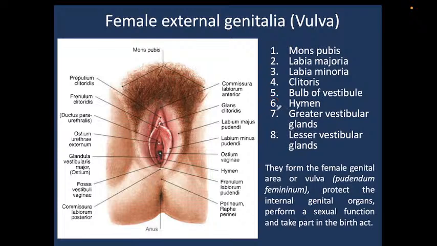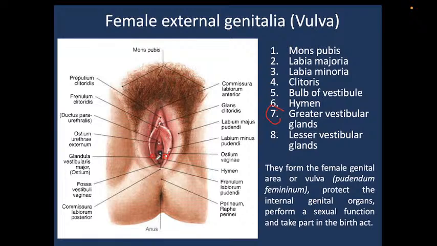Two types of glands are located in the external area. Greater vestibular glands are located usually here in the base of the labia minora and majora. They have maximal size and are visible.